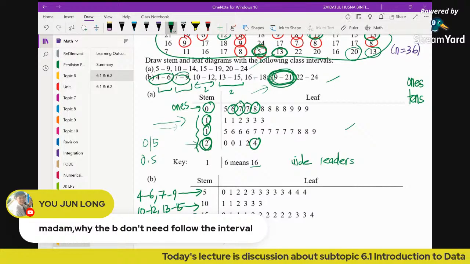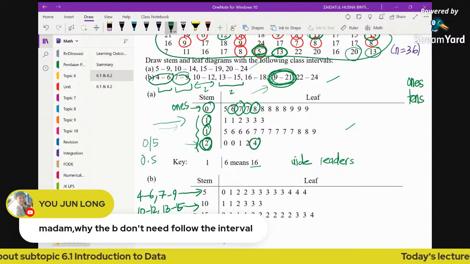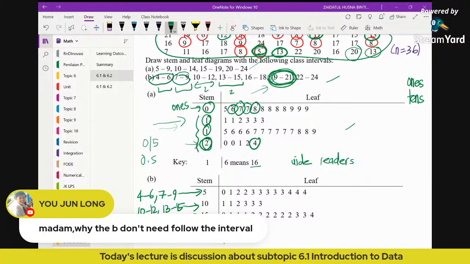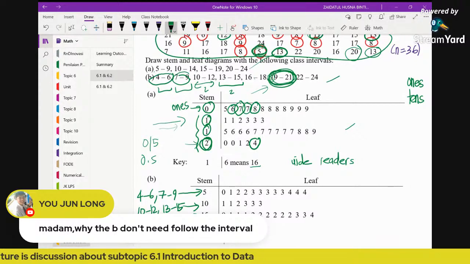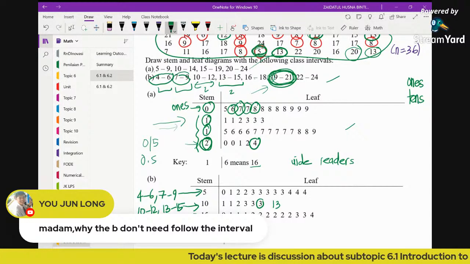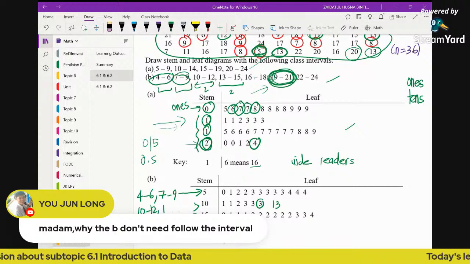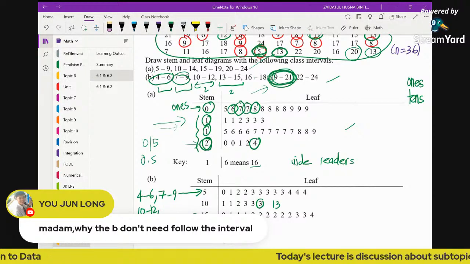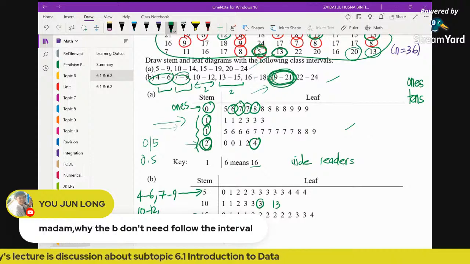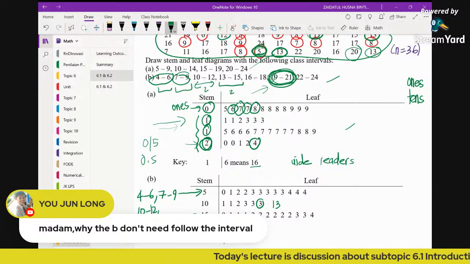This one, the highest one is 13, and then this one is 16 to 18. And then this one is 19 to 21.